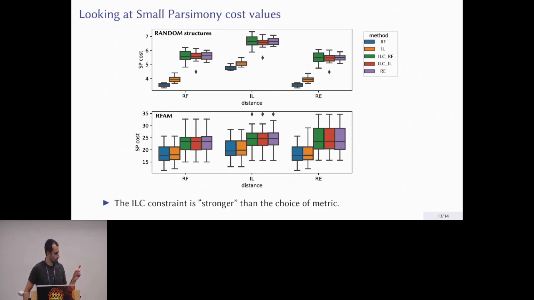Finally, this plot represents, both for our FAM experiment that I have been telling you about, and for random structures, so taking trees and just putting random structures at the leaves, how the optimal value of the cost function changes when you change the distance or the constraint.